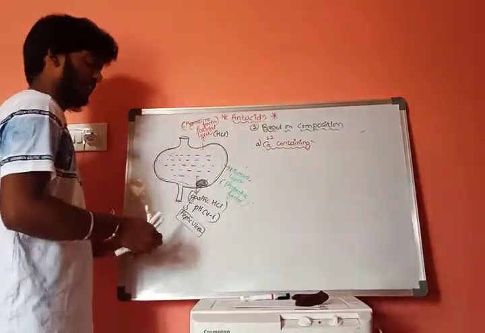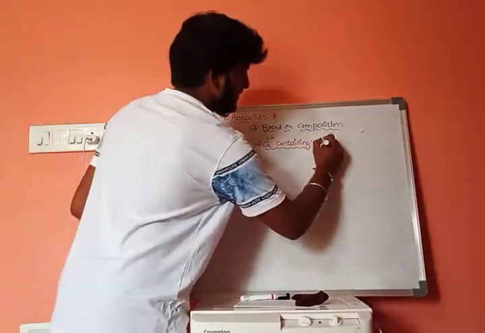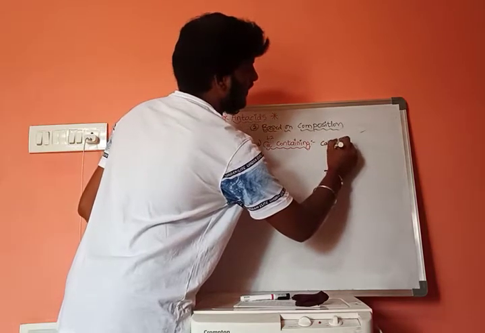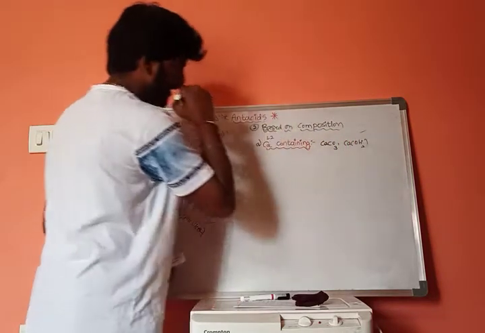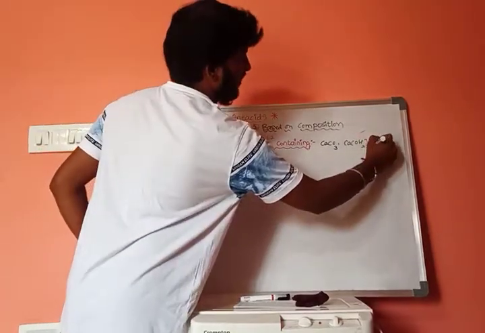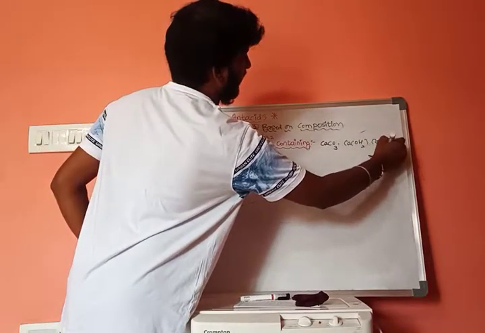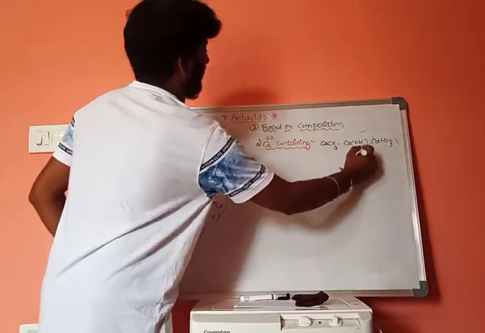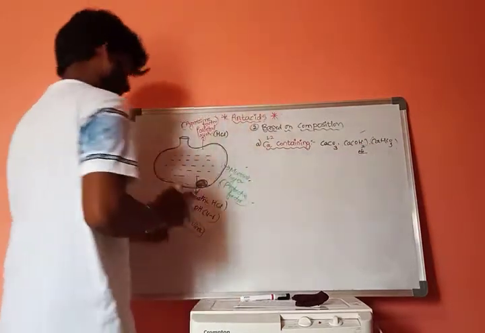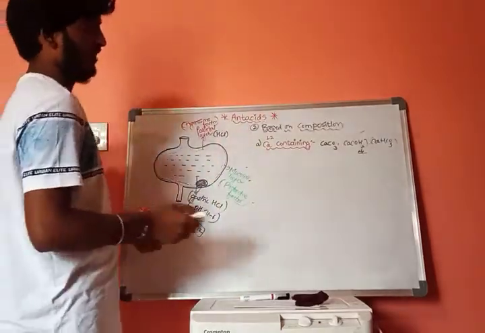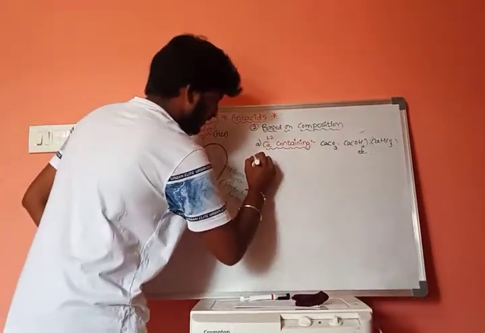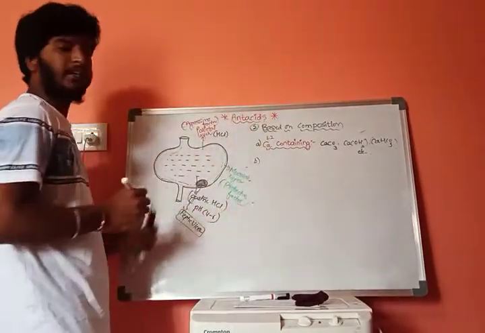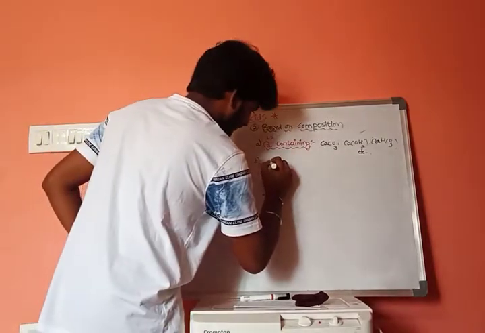The examples of calcium containing antacids are calcium carbonate, calcium hydroxide, calcium bicarbonate, etc. And this is the first category. Second category is aluminium containing antacids.